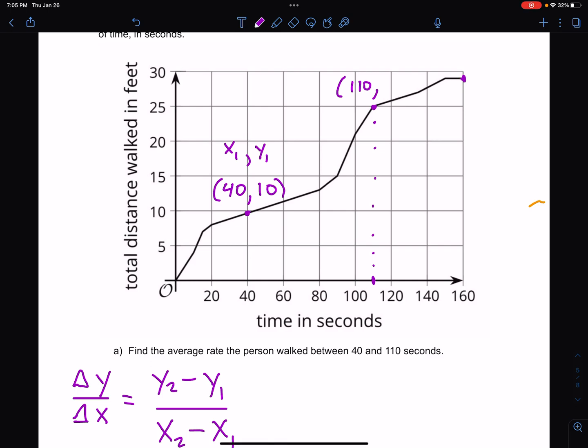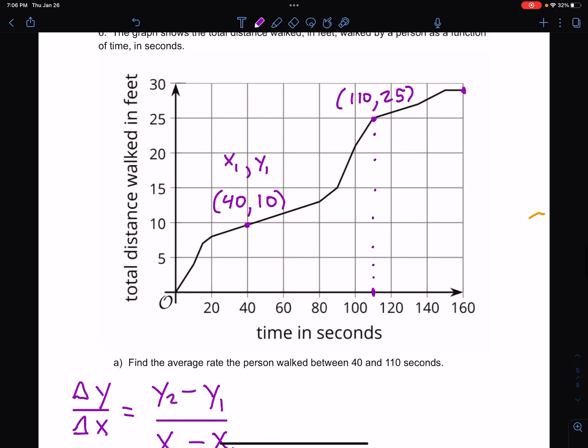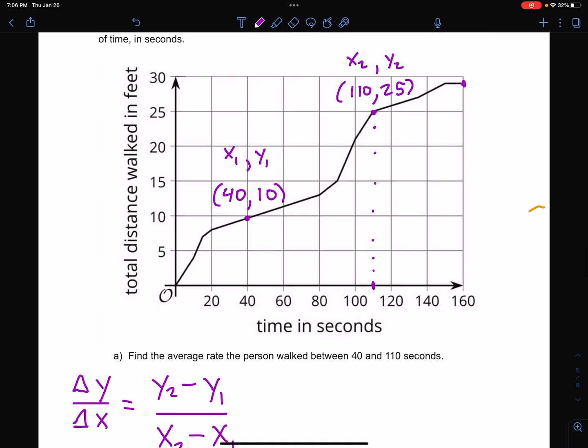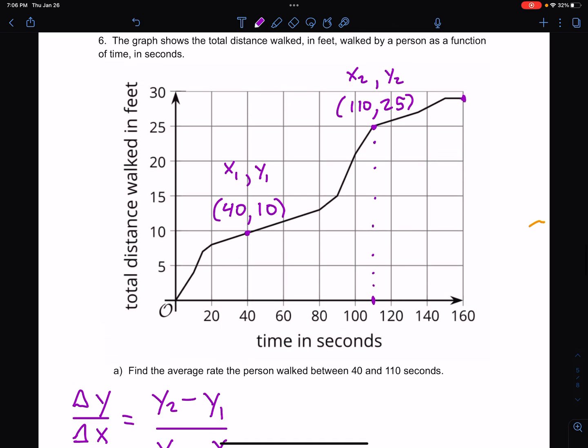This person had walked 25 feet. They're moving kind of slow, but that's where we're at. So we've got x sub 2, comma, y sub 2. Here's my second point. Now let's plug these numbers into this formula.